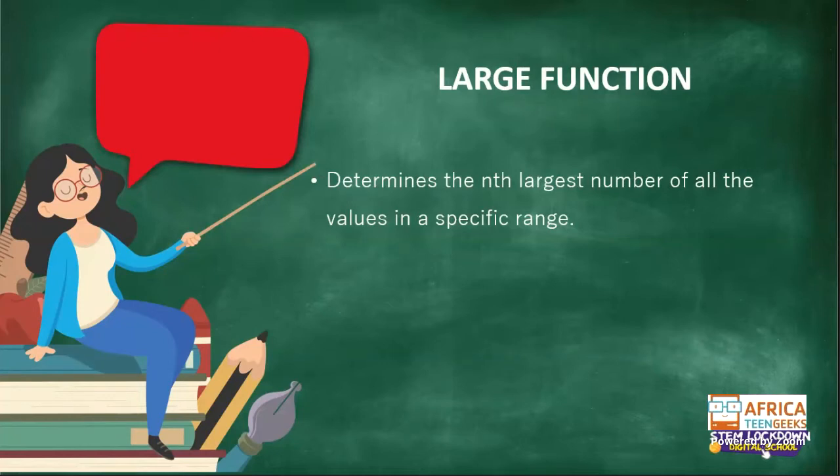The function will look at the cells that you highlight, look at all of the values contained in those cells, and then pick out either the first, the second, or the third biggest number that you have specified.